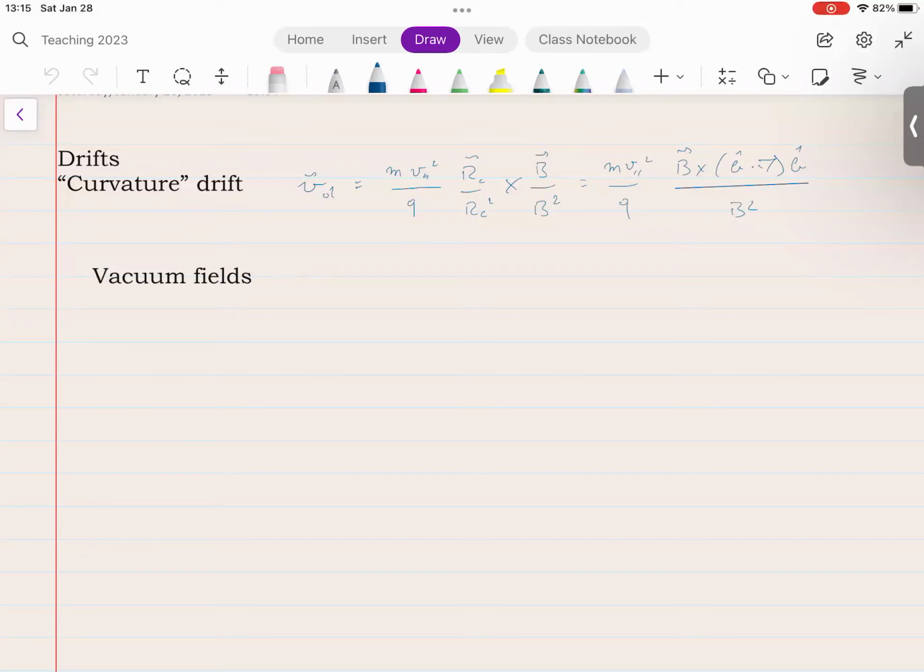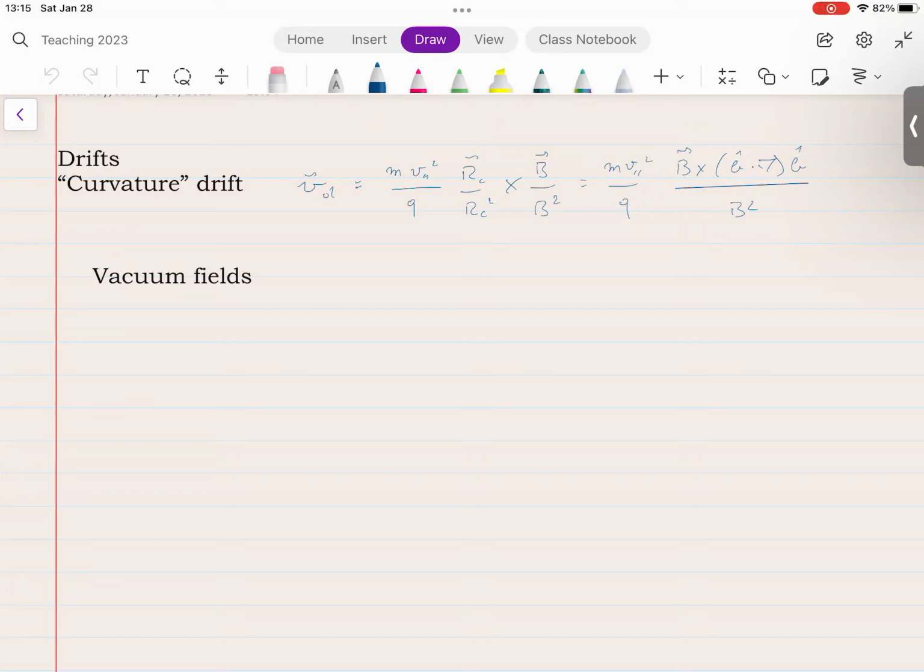It's going to be pretty straightforward, and we'll see how to combine the grad B and curvature drifts. They are actually related because of Maxwell's equation. You'll see in a moment.